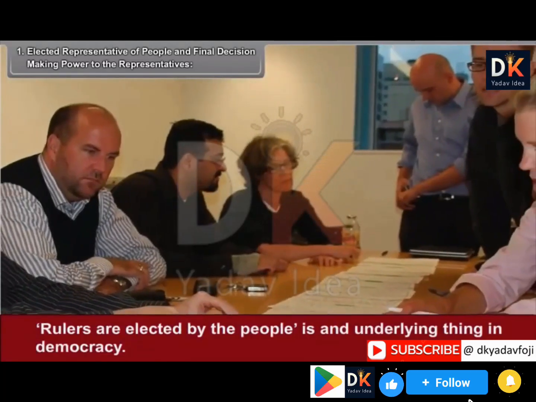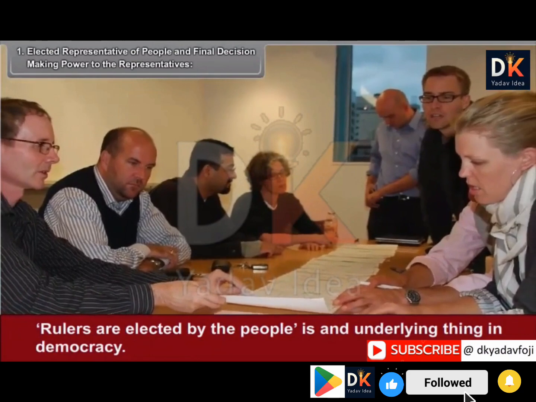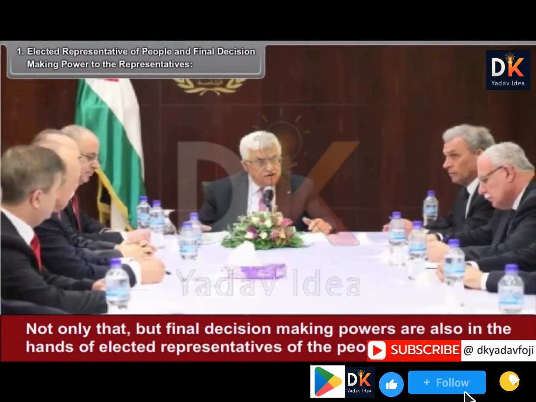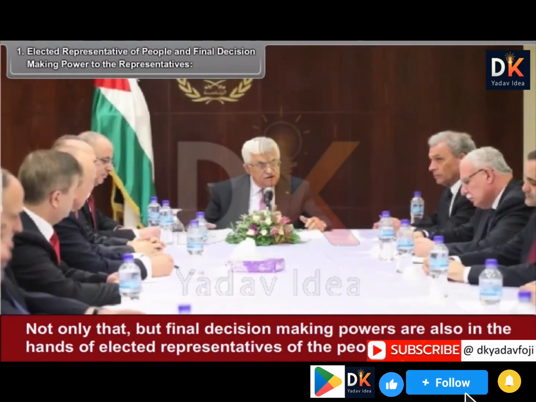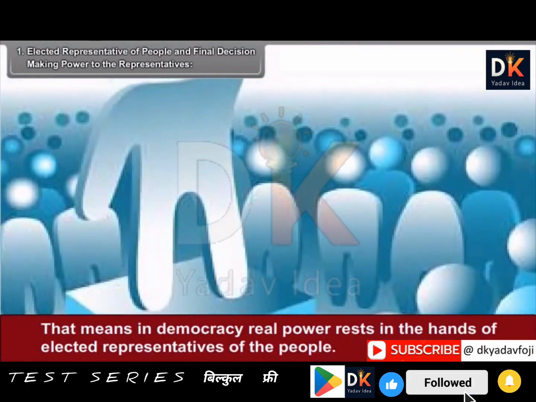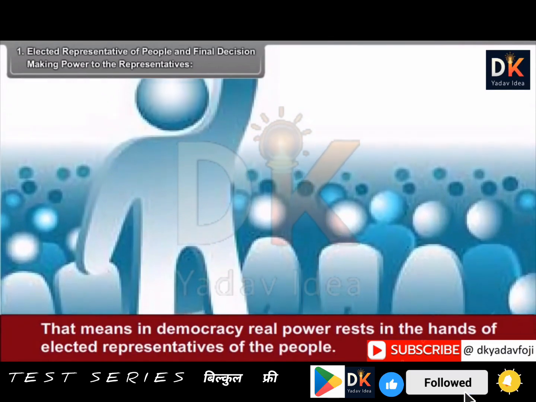That rulers are elected by the people is an underlying thing in democracy. Not only that, but final decision-making powers are also in the hands of elected representatives of the people. That means, in democracy, real power rests in the hands of elected representatives of the people.